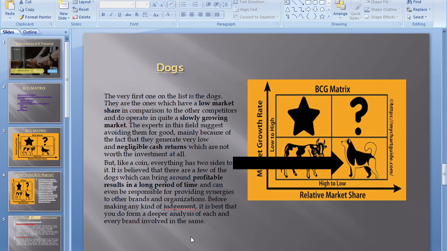It means that those products have neither a relative market share nor a growth rate. But like a coin, everything has two sides. It is believed that a few of the dogs can bring good portfolio results over a long period of time. So we can say that in the first quadrant, dogs have low market share and low market growth rates.